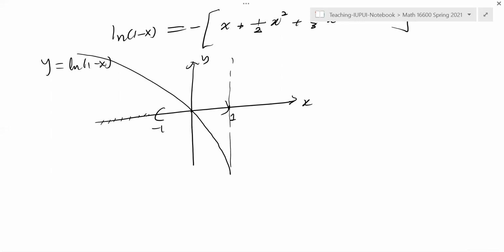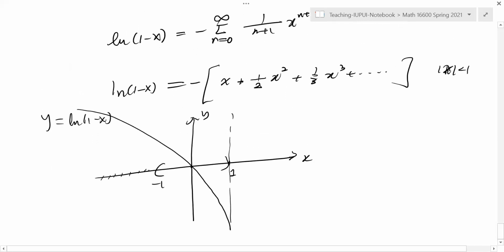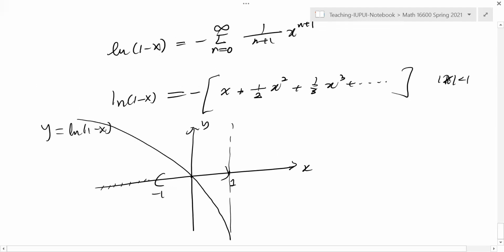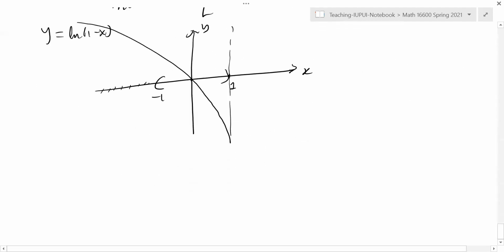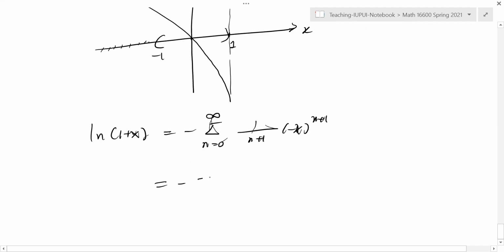Now, if I want to change the sign, we can change negative x to positive x. You just replace x by negative x. This will be negative x to the n plus 1. So you take a negative sign out, it becomes negative 1 to the n plus 1.